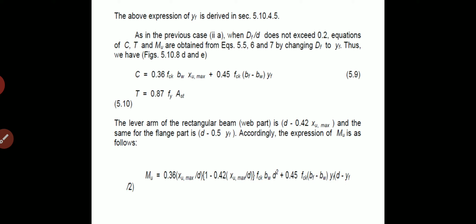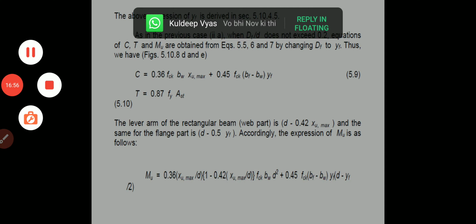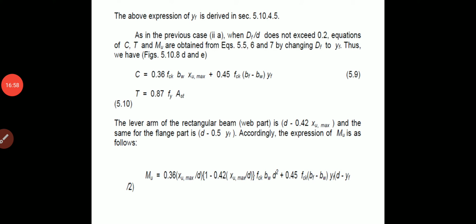As in the previous case, part 1, when Df divided by small d does not exceed 0.2, the equations of compression side, tension side and ultimate moment are obtained from the equations by changing Df to Yf.